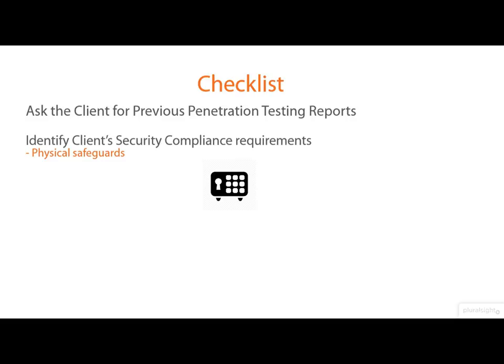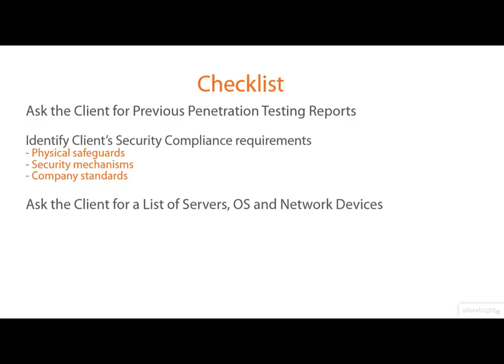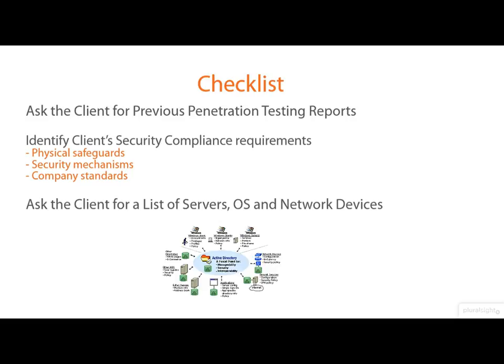Every company should maintain physical safeguards such as providing security through access cards and having guards on duty. They should also have technical security mechanisms and, of course, company standards. Next, ask the client for a list of servers, operating systems, and network devices.